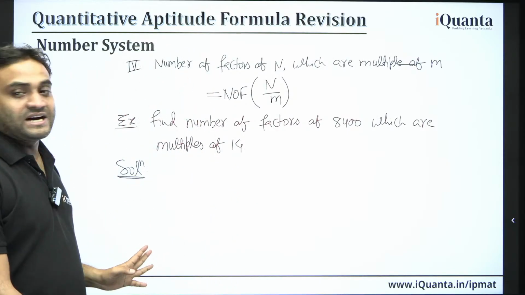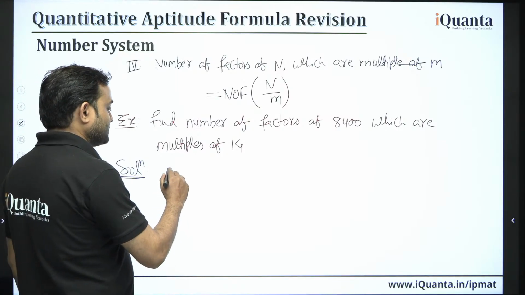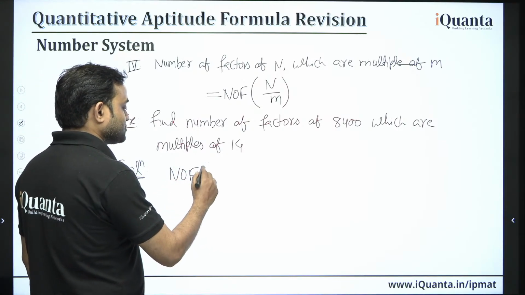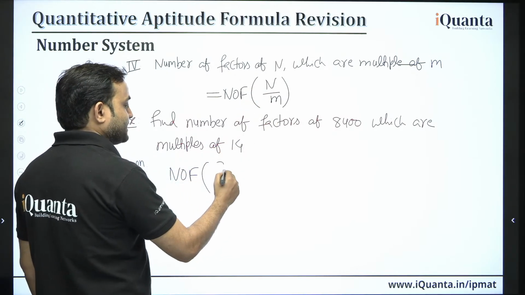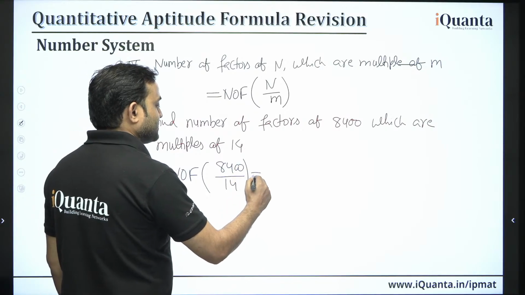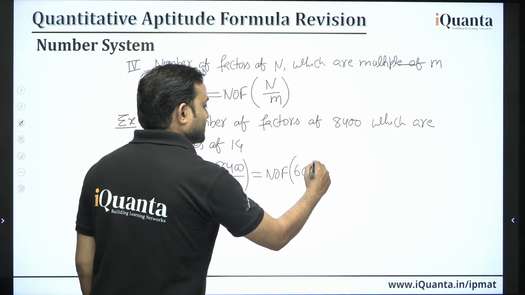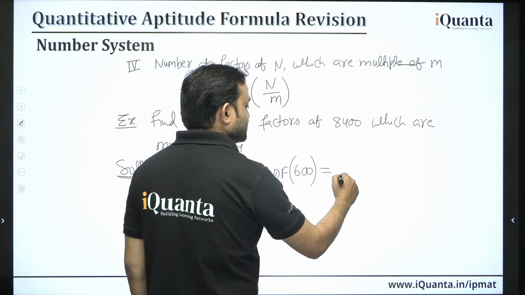बताओ, नहीं आ रहा? चलो, मैं हूं ना. We can find the number of factors of n upon m. N is 8400, m is 14. That's it. This will be equal to the number of factors of 600. Now take the prime factorization of 600.